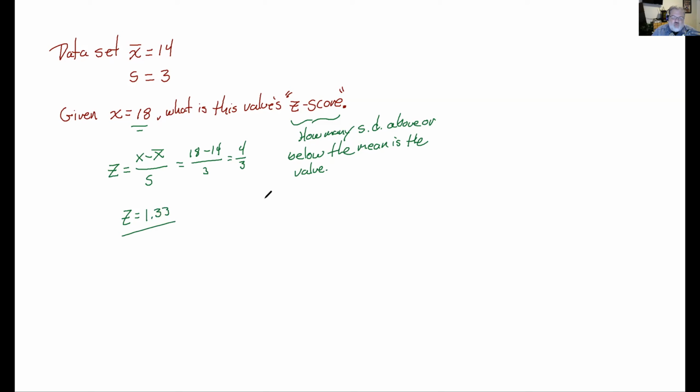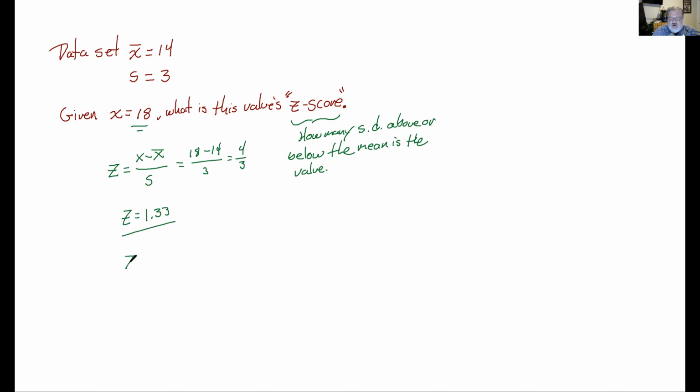So 18 is 1 1/3 or 1.33 standard deviations above the mean. So for right now, we'll just be calculating that z-score. But as I said, later on we'll use it for quite a few things. So getting used to calculating it is going to be handy.